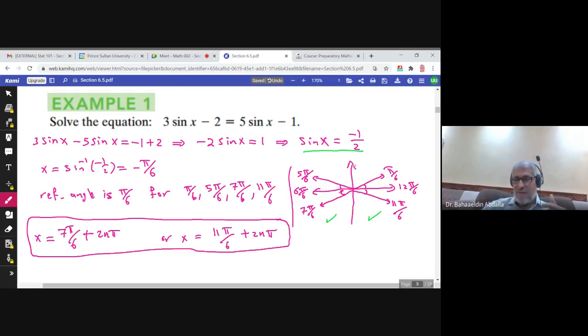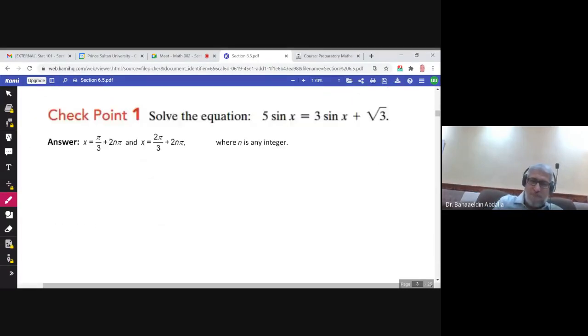Sine 11 pi over 6 would be negative half. Replace n by 0, replace n by 1, replace n by 2. We have infinitely many solutions of this equation, and all of the solutions are written here. So this is how we solve this equation.